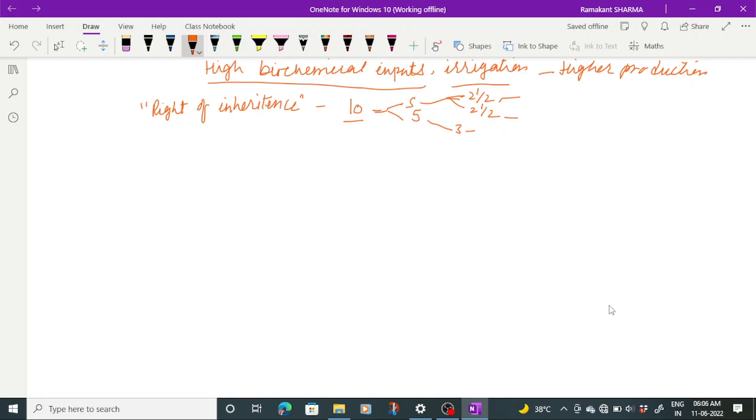So the land size, due to the right of inheritance, is small, and the farmer is willing to get the maximum output from the land that is there.